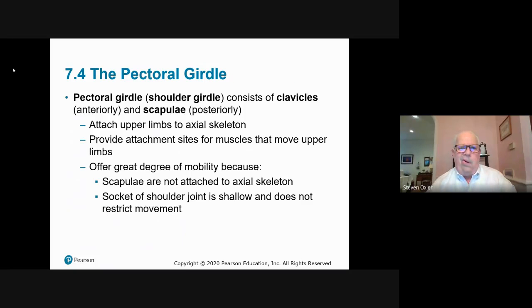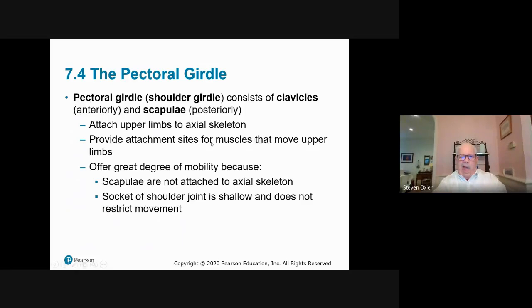The pectoral girdle is basically your shoulder, which consists of your clavicles and your scapulae. Clavicles are your collarbone, scapulae are your shoulder blades. The shoulder girdle is there to attach your limbs to the axial skeleton.